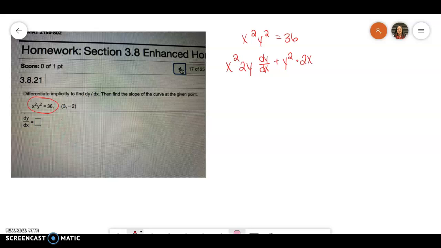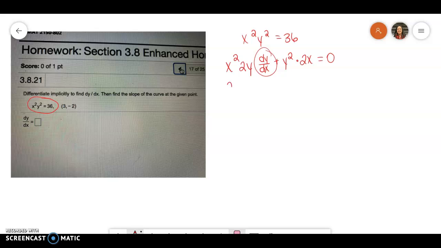And we only put that dy dx when you take the derivative of your y, okay? So I don't have to do it with this 2x over here. And the derivative of 36 is 0. So to find the derivative of this function, what we have to do is isolate the dy over dx. So let's rewrite this so it looks a little bit neater.